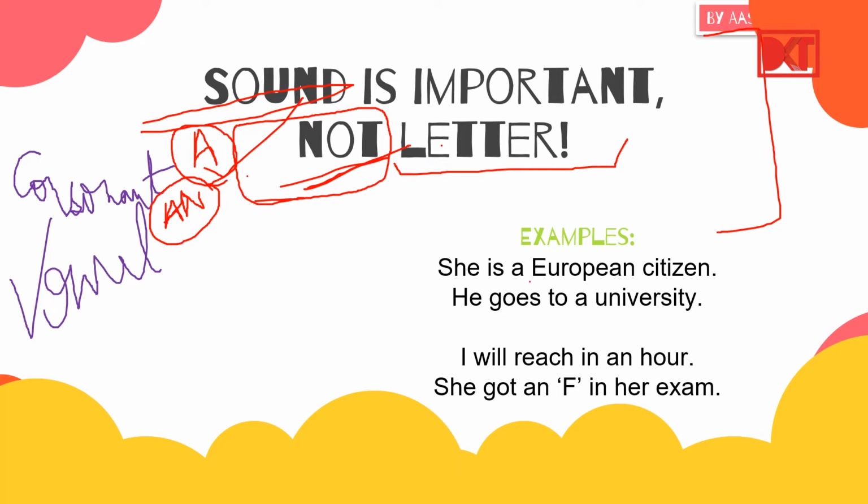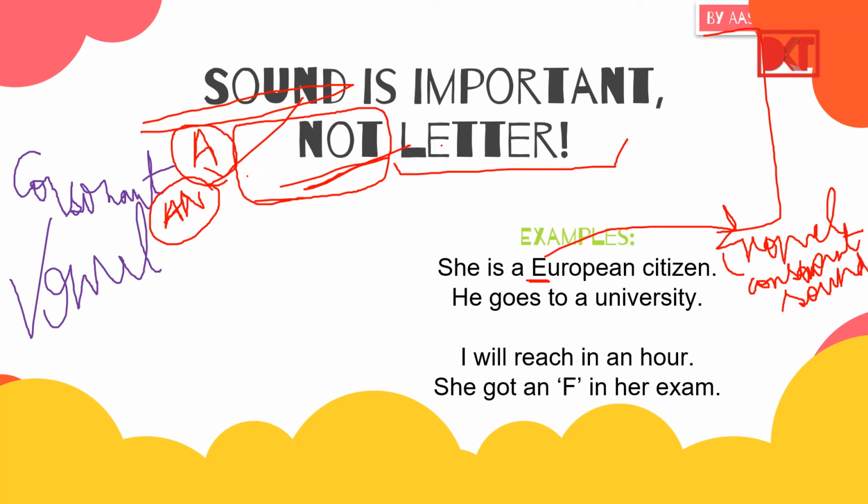E vowel है, पर it is a vowel, but इसकी जो sound है, it has a consonant sound. Vowel होते हुए भी sound consonant की है. European is a consonant sound. तो हम यहाँ पे a use कर रहे हैं.